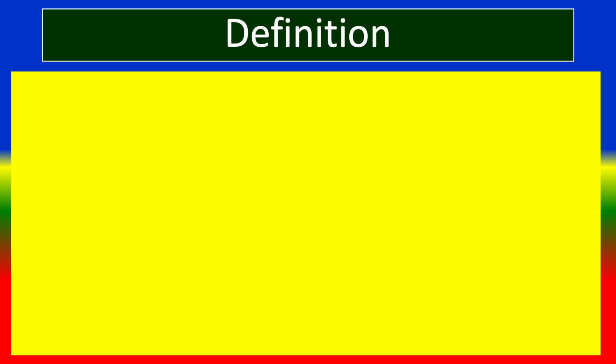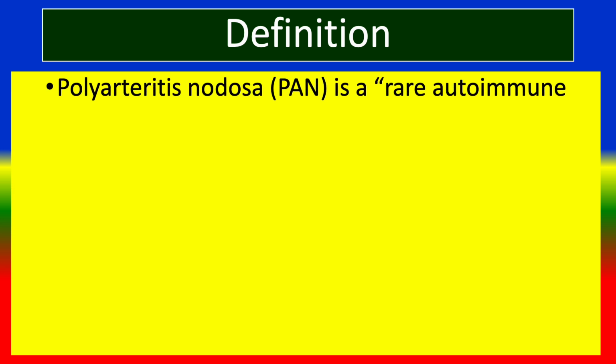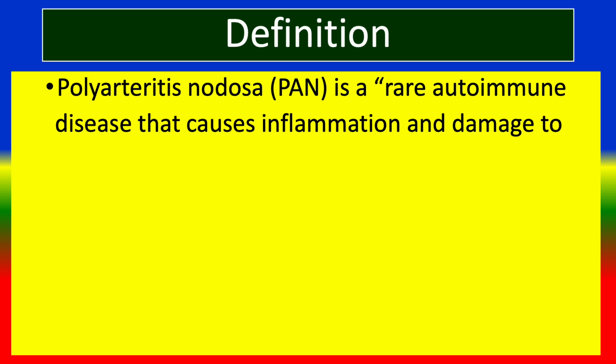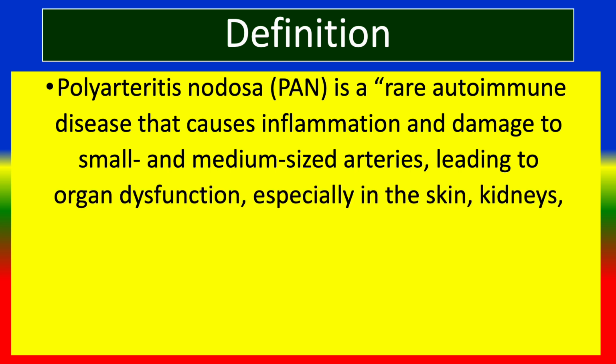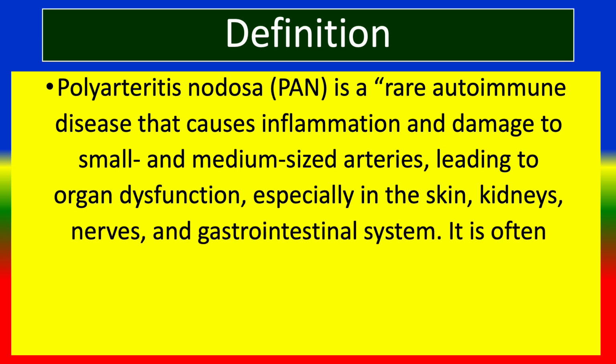A definition: polyarteritis nodosa is a rare autoimmune disease that causes inflammation and damage to small and medium-sized arteries, leading to organ dysfunction, especially in the skin, kidneys, nerves, and gastrointestinal system.